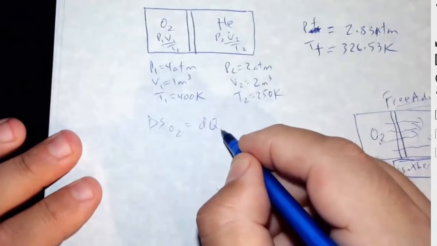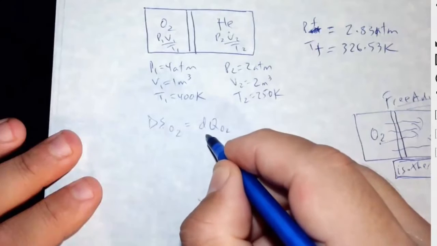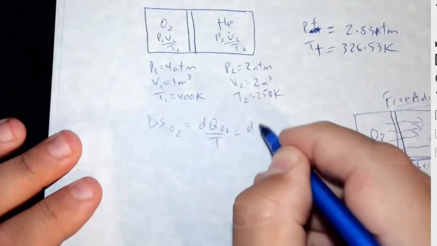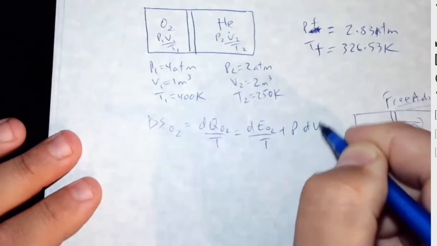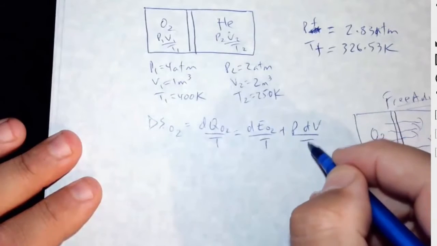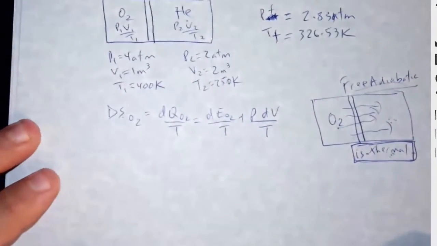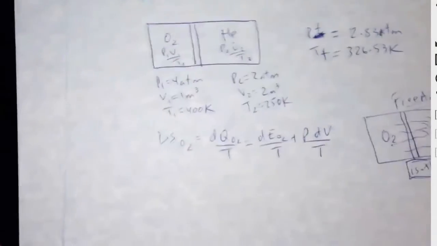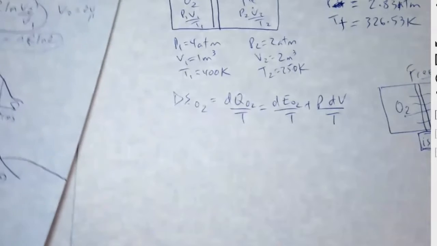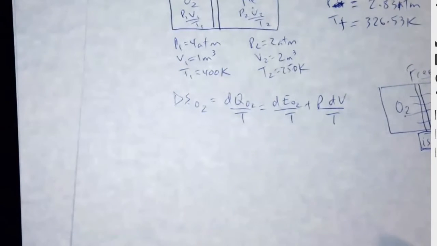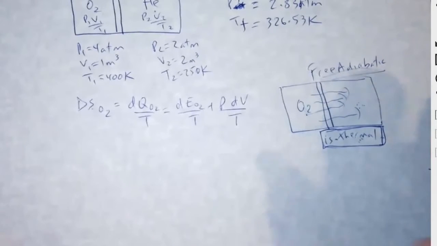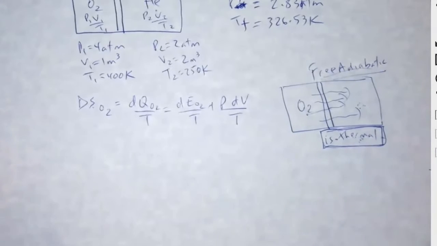dS of oxygen is dQ over T, which is dE of oxygen over T plus PdV over T. I'm not sure if I could use those three equations that I just had, the nCv, remember the nR ln? I don't want to jump and try to use one of those because it might not be any of those.